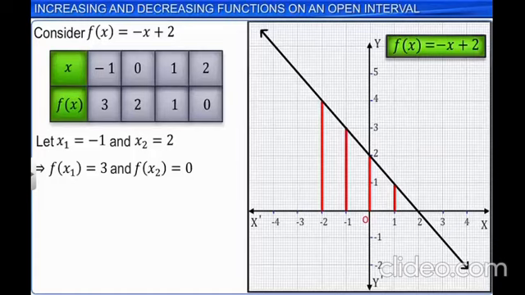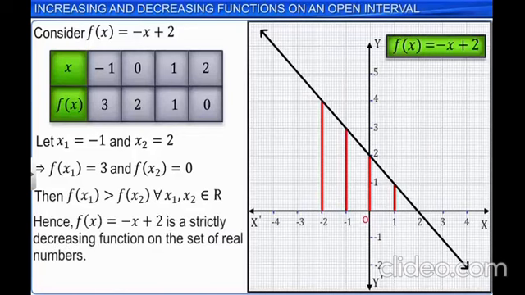So, as the value of x increases, the value of the function decreases. So, for every x1 less than x2, we have f of x1 is greater than f of x2. Hence, f of x is equal to minus x plus 2 is a strictly decreasing function on the set of real numbers.